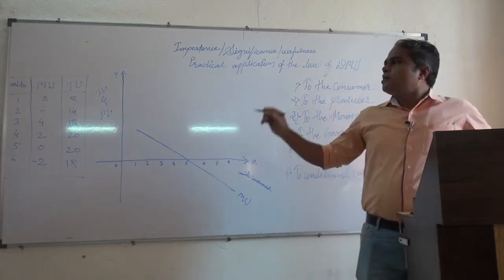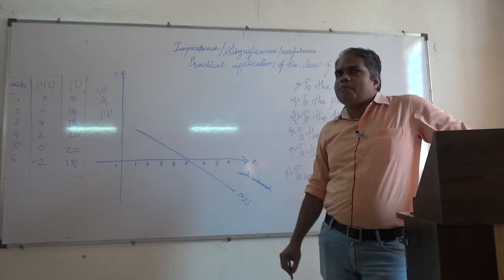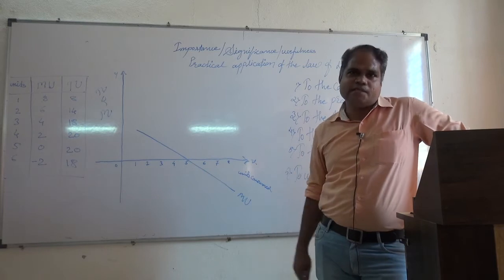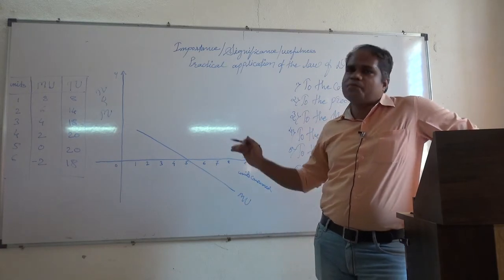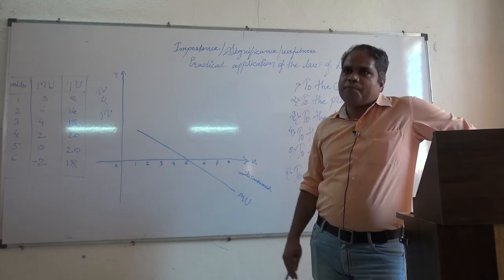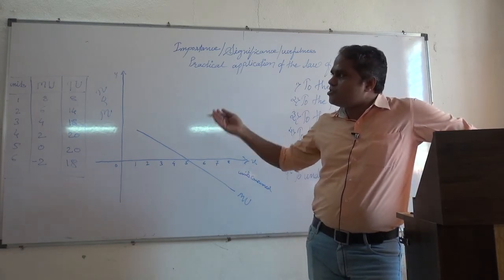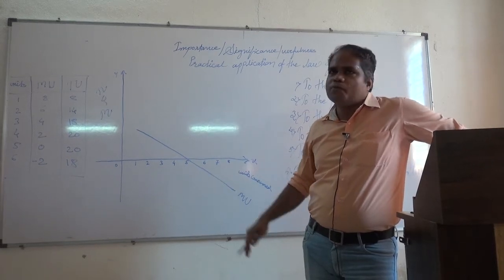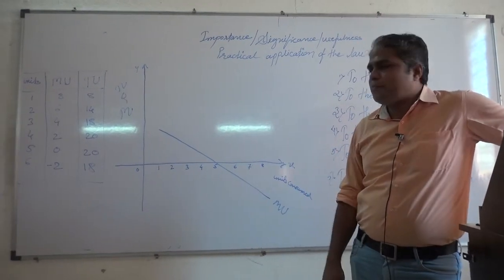It means that the fifth unit of apple shows the consumer equilibrium, the point of satiety. Up to the fifth unit, the consumer doesn't want to consume less than the fifth unit, and doesn't want to consume more than the fifth unit of apple.